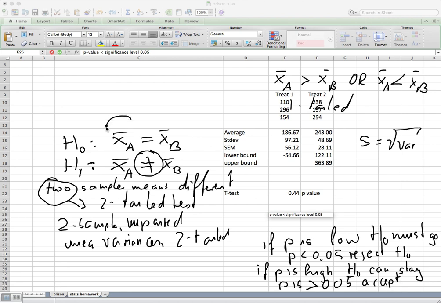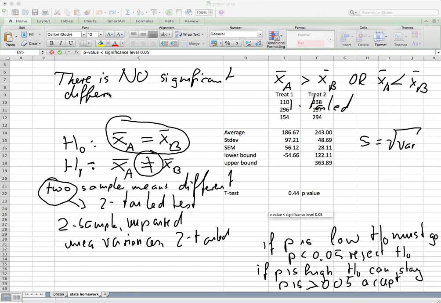So we would say that we agree with this statement, and we will probably come to the conclusion that there is no significant difference between the two sample means.